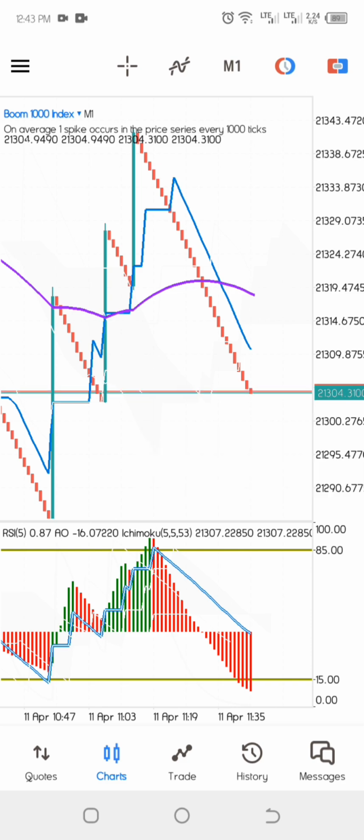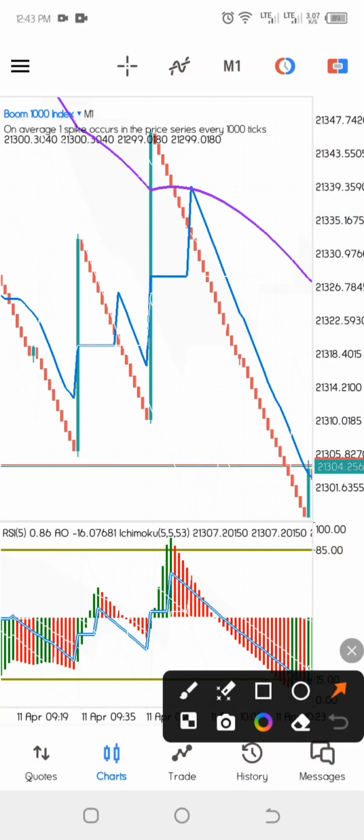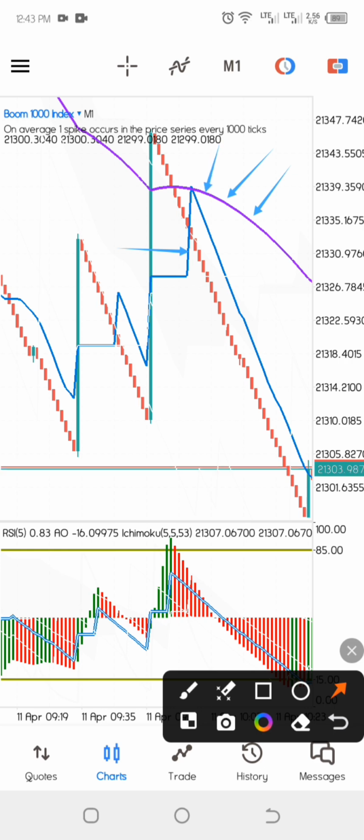Now you have to keep in mind that whenever you want to take a trade, you don't want to see the moving average above the Ichimoku, which you can clearly see right here, because even if you enter your position, I do not have a guarantee about it moving in your direction.